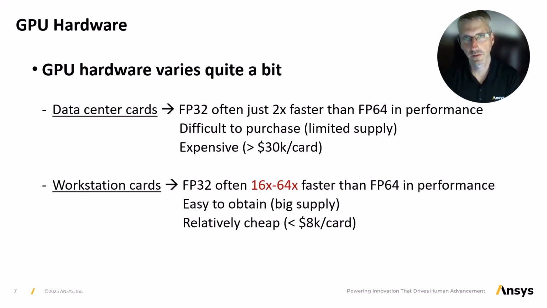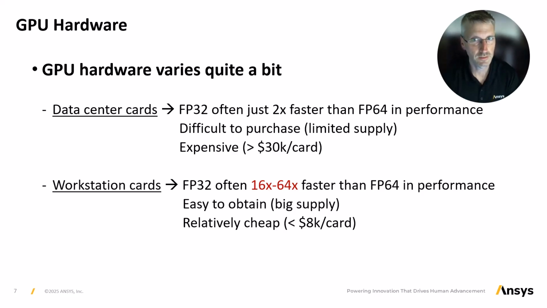The mixed solver uses a variety of floating point precisions and GPU cards to accelerate its computations. The two main GPU card classes are data center and workstation cards. The data center cards are typically very expensive and often difficult to purchase due to their limited supply, primarily because of the high bandwidth memory on each card. These cards usually come in double precision FP64 to single precision or FP32 computation ratios of 2:1.